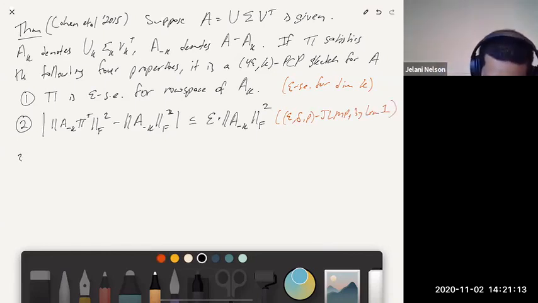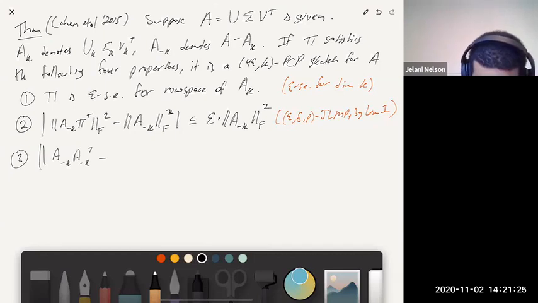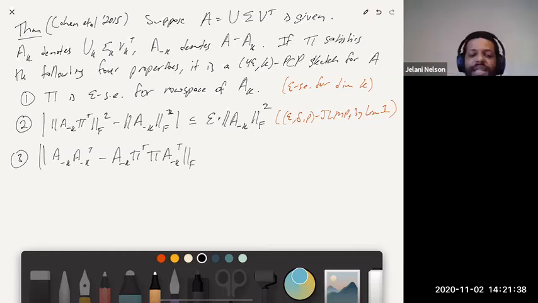Okay. The other thing you want is approximate matrix multiplication. So in particular, if you look at (A minus A_k) transpose times (A minus A_k), minus the sketched version, which is (A minus A_k) transpose Pi transpose Pi (A minus A_k), in Frobenius norm, that's exactly approximate matrix multiplication.